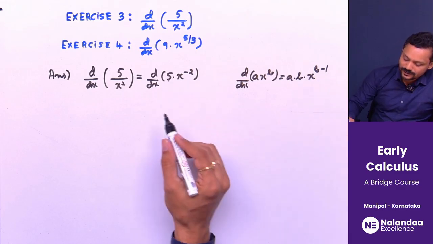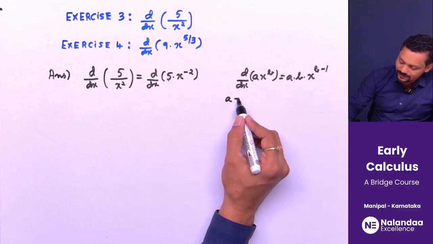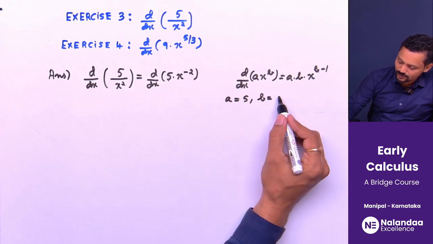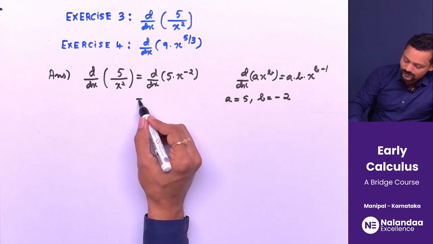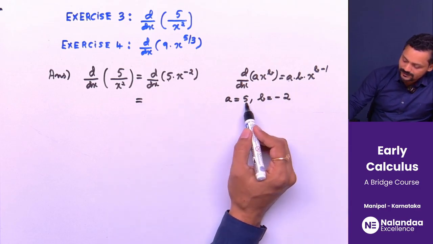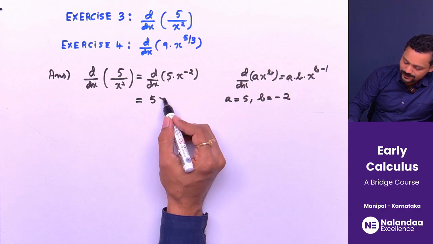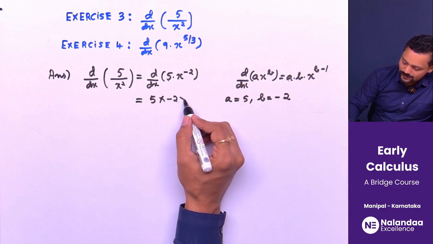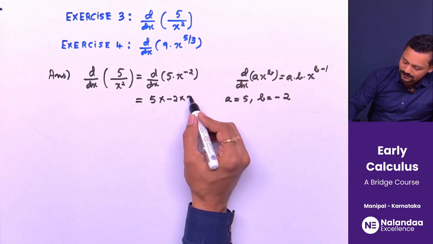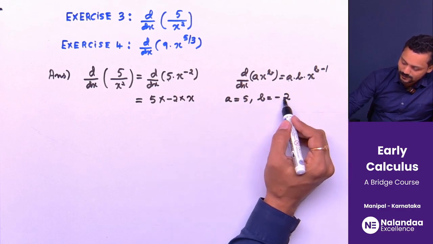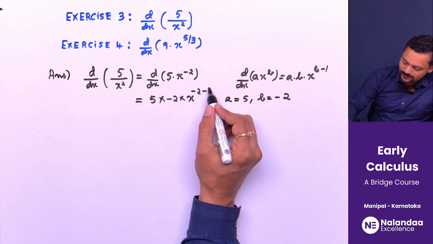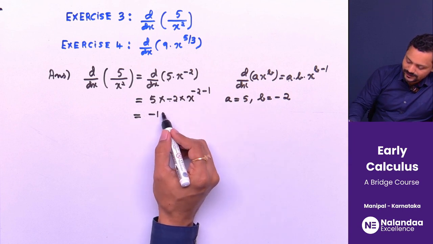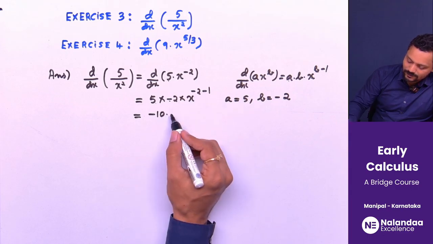So here you can see the value of a is 5, the value of b is minus 2. If you substitute a, that is 5, into b, that is minus 2, into x power minus 2 minus 1, 5 into minus 2 is minus 10 into x power minus 3.